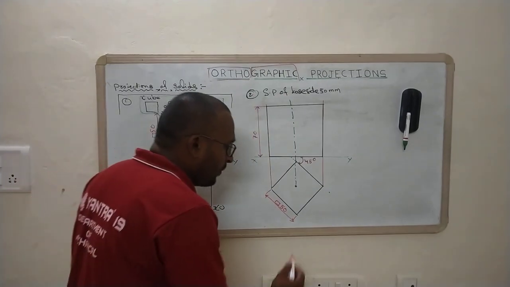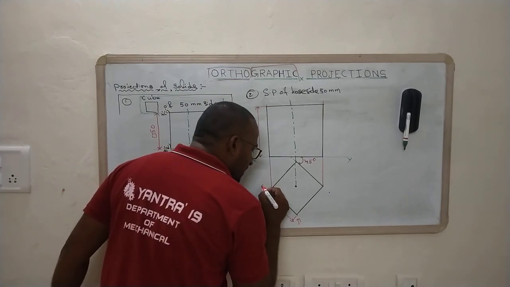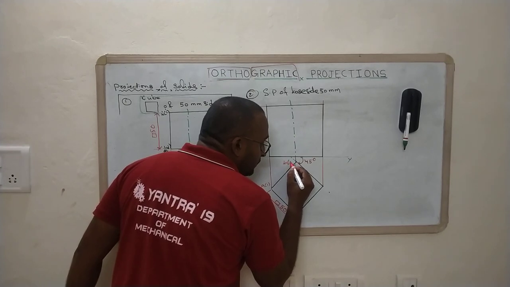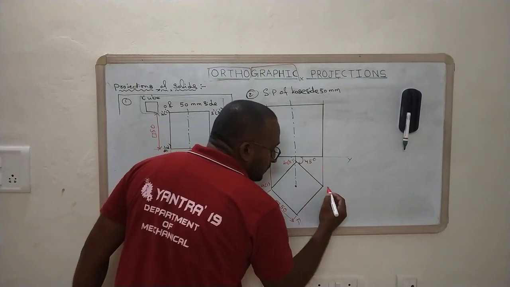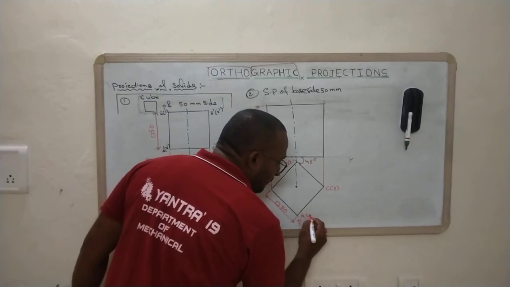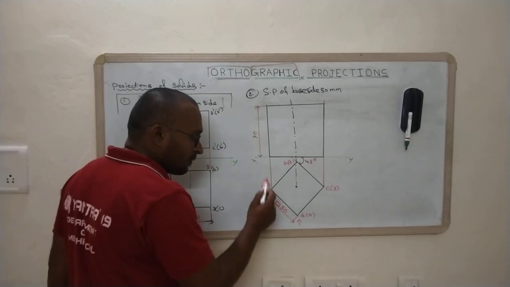Right? Now when we are going to see from the front view, here A dash of 1, B dash of 2, C of 3, D of 4. So initially we will do it like that.